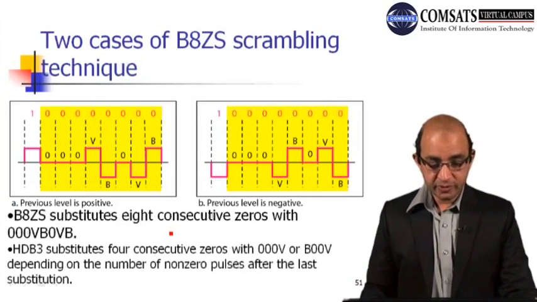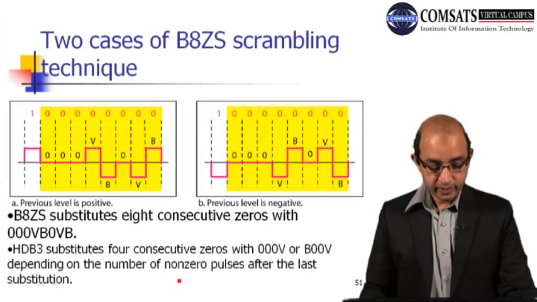So here we have two different types of B8ZS scrambling, right? Here we represent a long string of zeros with this one, and here we represent the long string of zeros with another code, 000V and then B0V0VB, right?